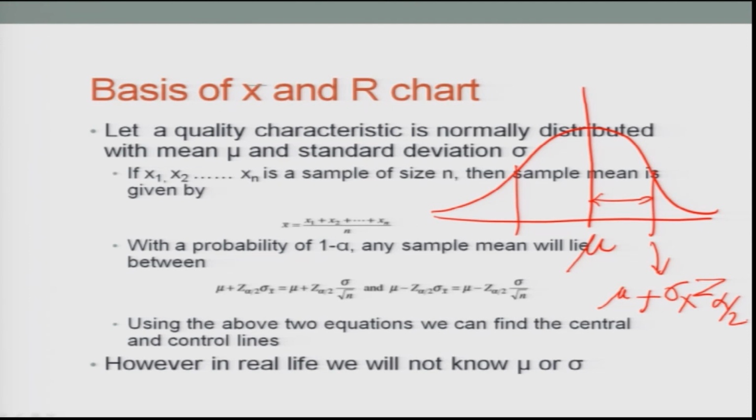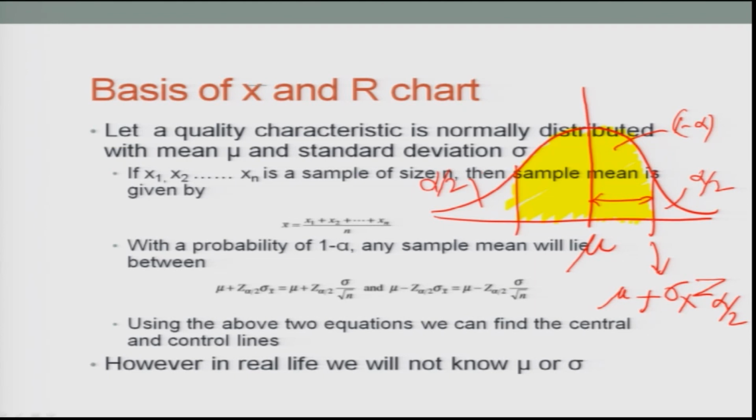The reason is that if the total coverage probability, this total area, this value is 1 minus alpha, hence these values on the right and the left of these limits would be alpha by 2 and alpha by 2, because it is equally dispersed.